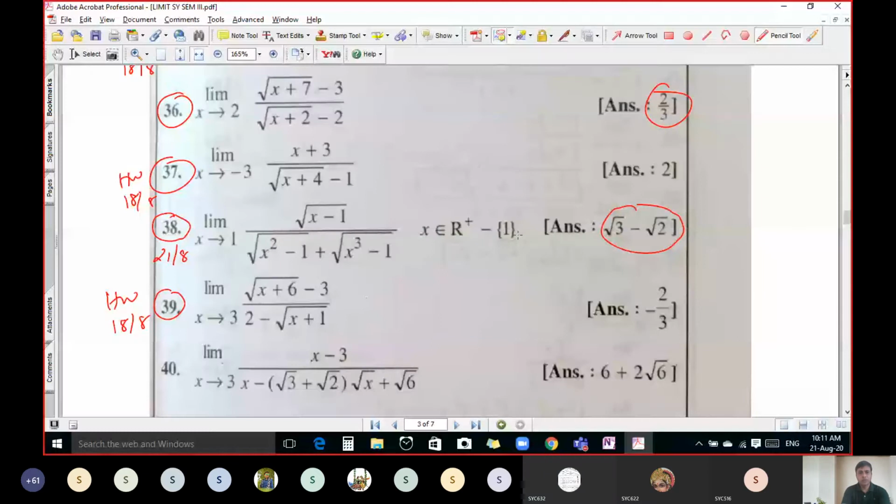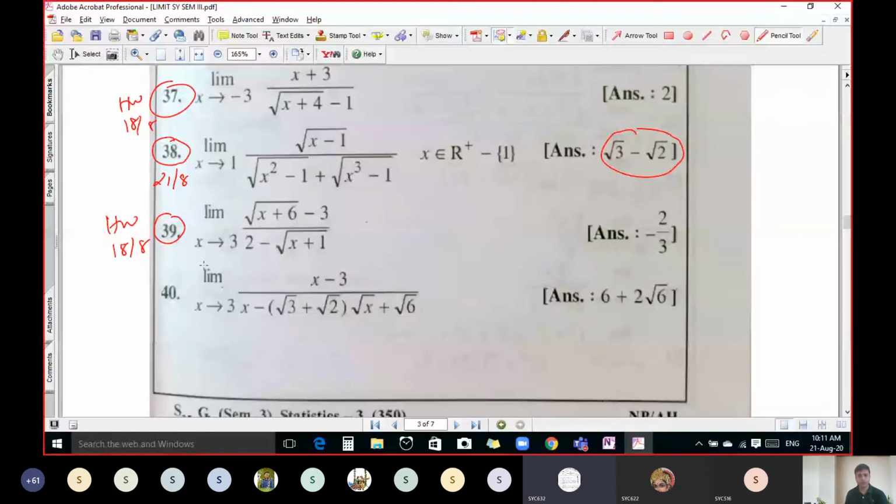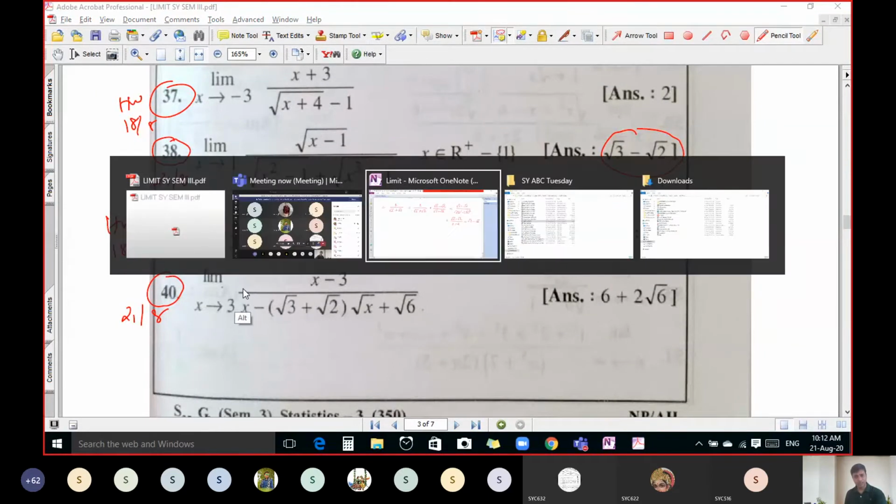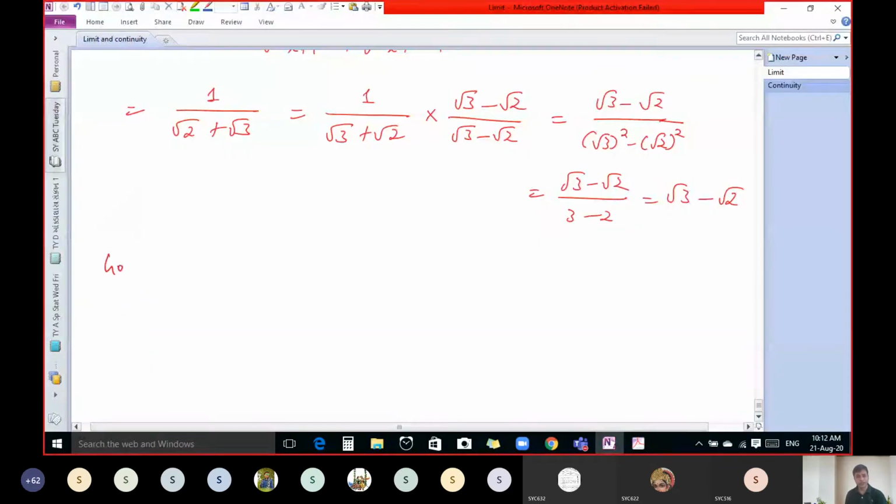Question number 40. It's also a very good question. Limit x tends to 3, x minus 3 upon x minus in bracket root 3 plus root 2 into root x plus root 6. Interesting question.